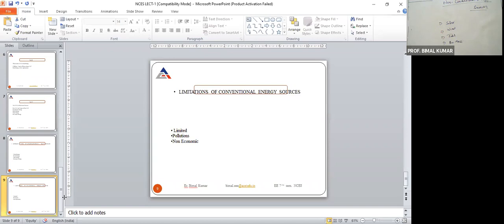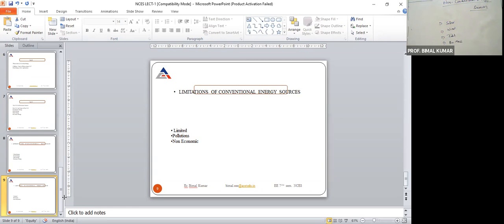In general, if I'm talking about coal or petrol, that will produce some different kind of pollution. And again, pollution may be of any kind that will be harmful for the human being. And at the end, because there is transportation, there is distribution, all that will be losses.